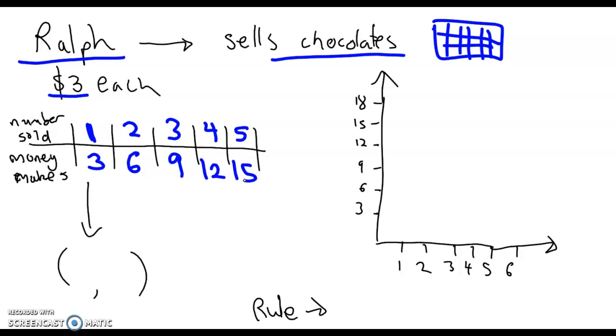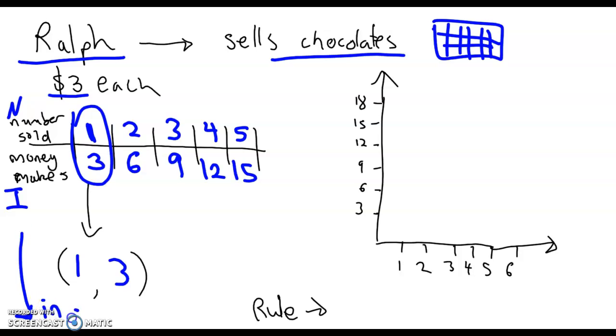And now each of these, of course, if we look vertically, is again a set of coordinates that we can put on a number plane. So 1, 3. We can see that we could graph the number sold, N, compared to the money he makes, or his income. So I stands for income.